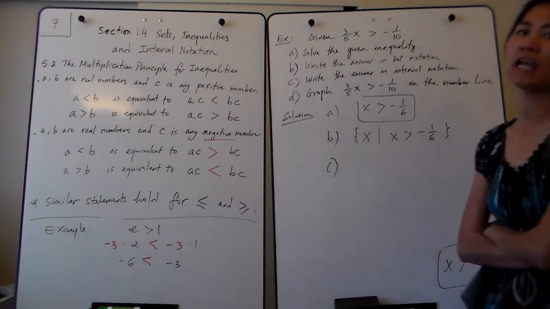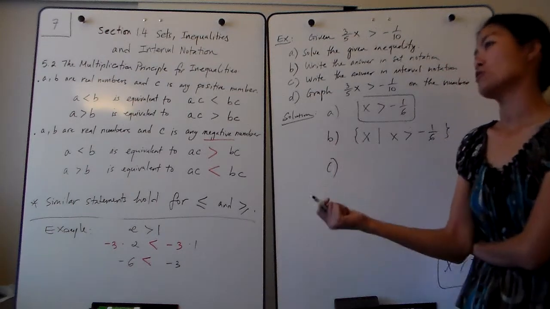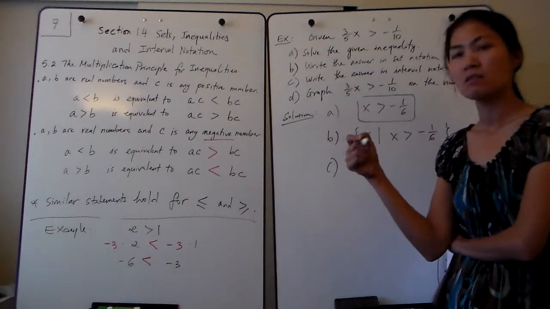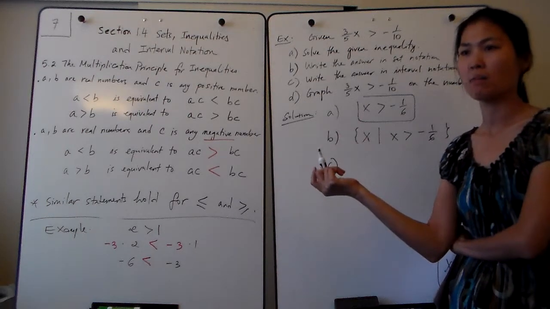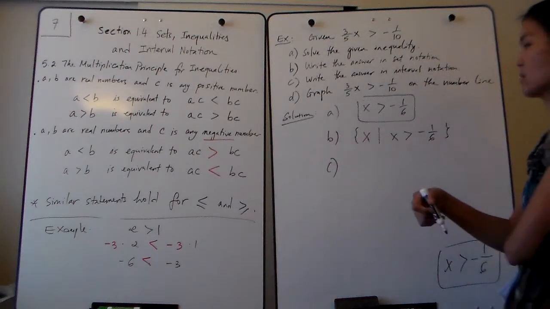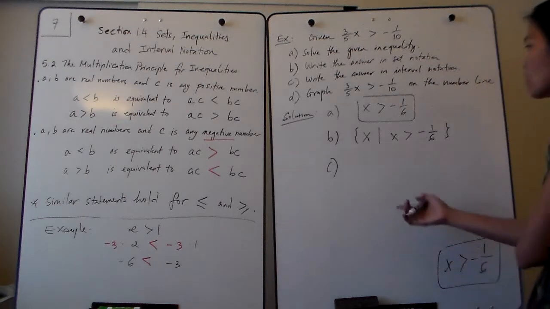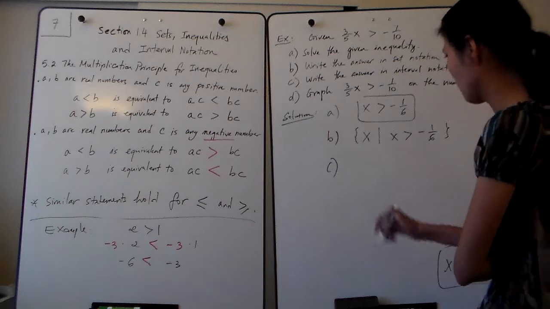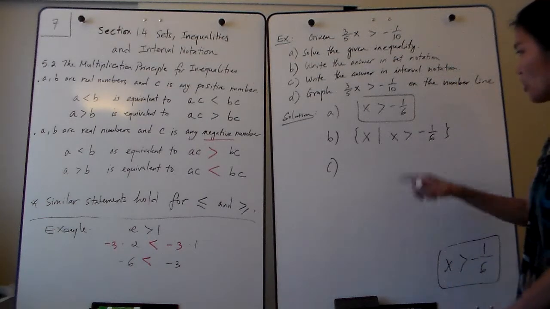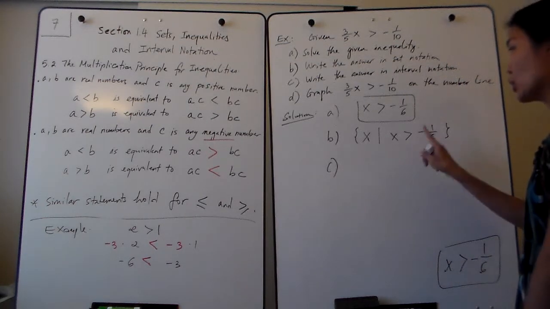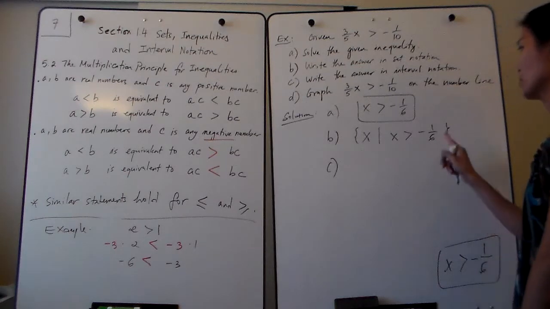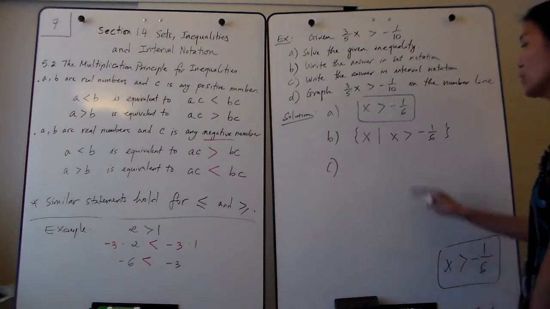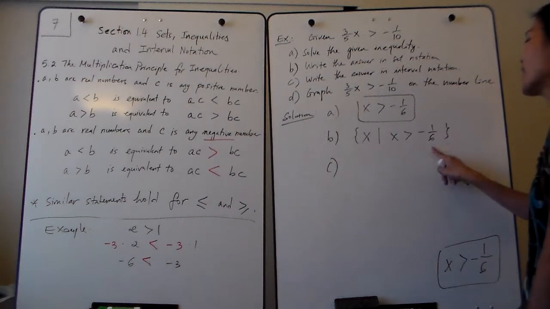Remember, interval notation, you're going to use parentheses or bracket, or both, depending on cases. And there are 9 cases. In this case, we have x is greater than negative 1/6. So greater than, right, means we don't include the endpoint, negative 1/6.